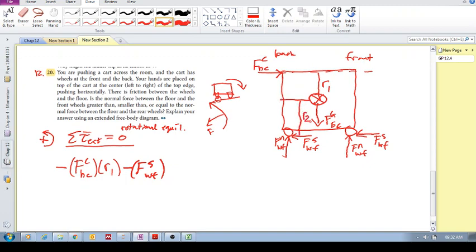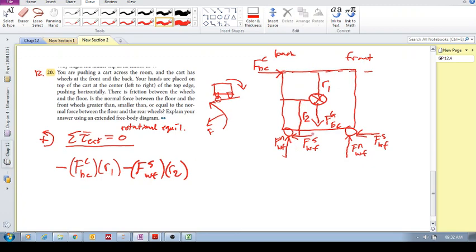Let's call it R2. For argument's sake, I'm going to say this is one single friction force applied on both wheels. These two are acting in exactly the same direction, so we can just call it our friction force times that lever arm.